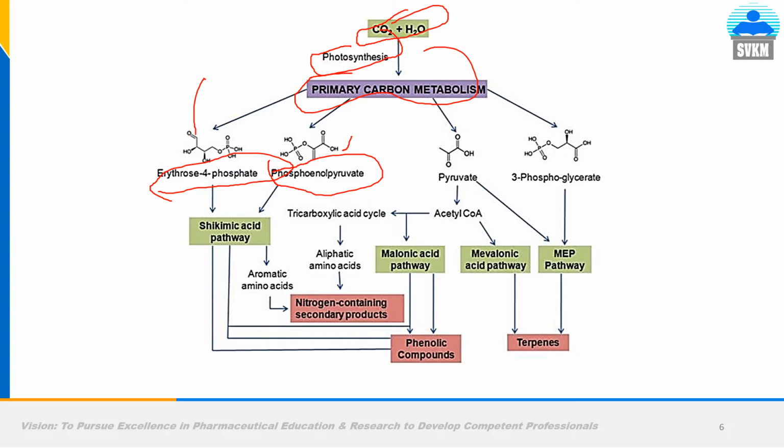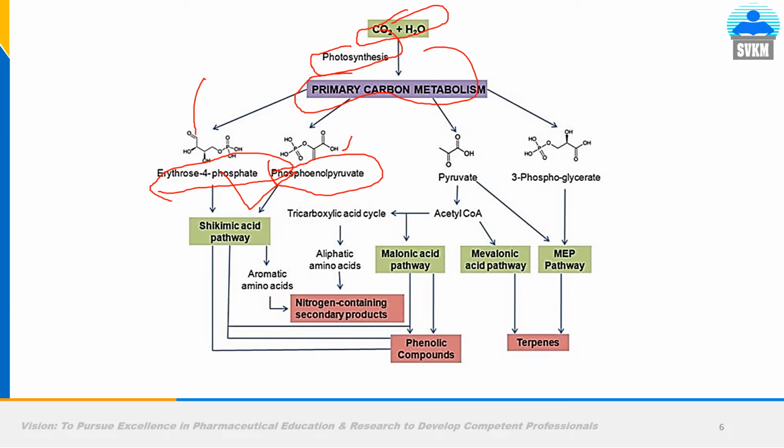One is glycolysis, which will give phosphoenol pyruvate, pyruvic acid, and acetyl CoA. Erythrose 4-phosphate will be obtained from the pentose phosphate pathway. These two are the starting building blocks for the shikimic acid pathway or shikimate pathway.